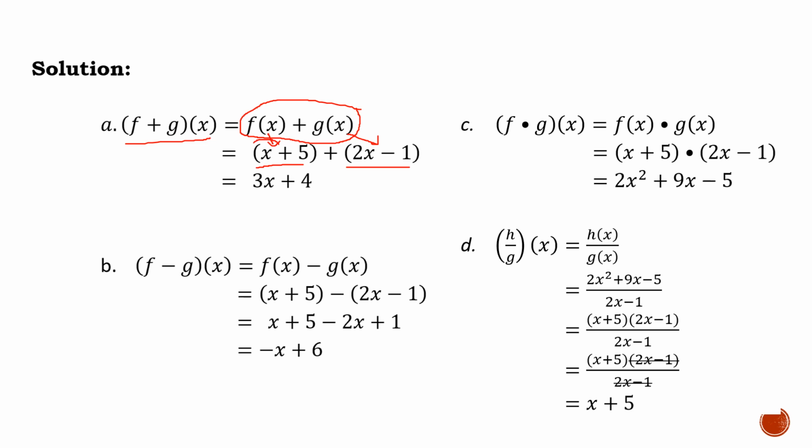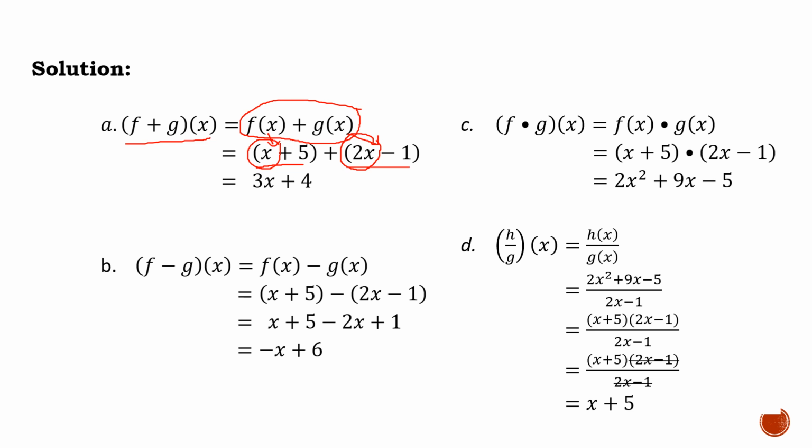Since x here and 2x here have the same variable and the same exponent, which is 1, we can add their numerical coefficients and copy the variable x.